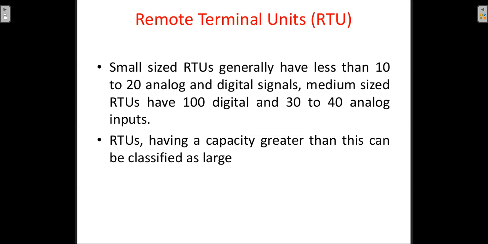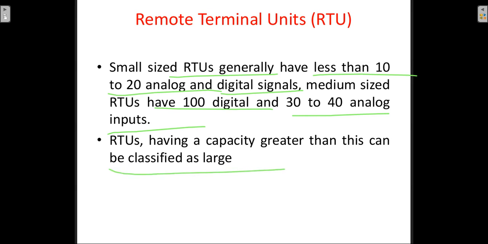Now if you look at the remote terminal unit and its specifications, small sized RTUs generally have less than 10 to 20 analog and digital signals. Mediums have about 100 digital and 30 to 40 analog inputs. RTUs having a capacity larger than these, that is the small sized or medium sized, are classified as large RTUs, so maybe more than 100 digital channels and more than 50 analog inputs.